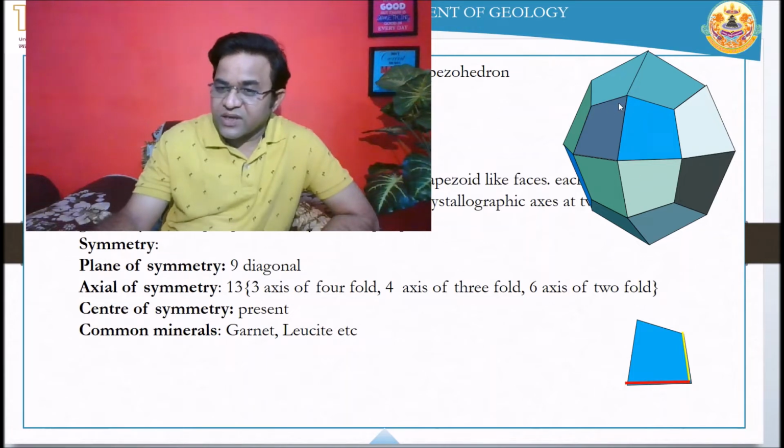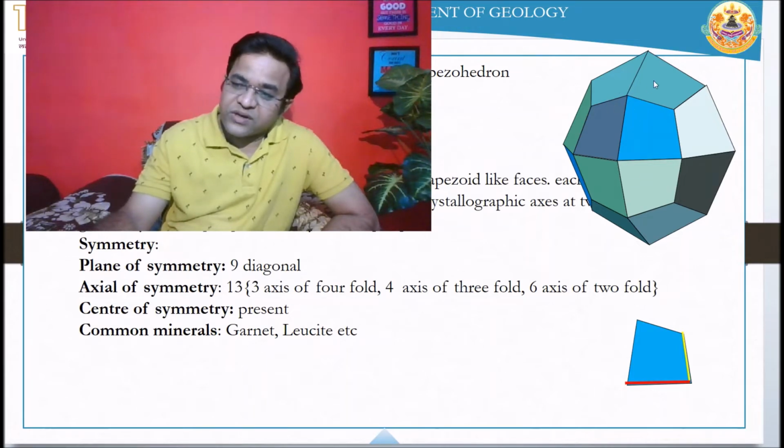Second is this one, where here also 4 trapezium faces are meeting, but this point shows two larger, longer length sides and two shorter length sides.